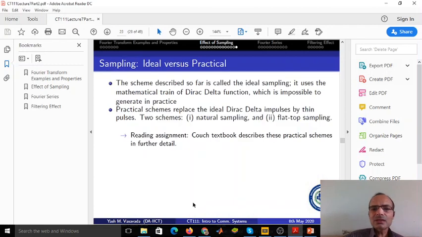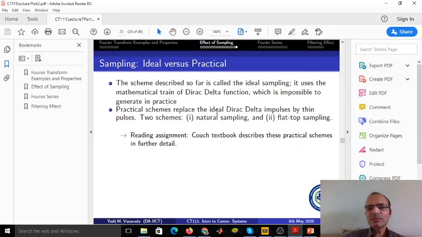Now, this is the argument made from a purely mathematical point of view. In reality, as we know, we cannot have an infinitely long sequence of Dirac delta impulses, because Dirac delta impulses themselves are not realizable. So practical sampling schemes look like this ideal sample train of Dirac delta functions, but there are small differences.